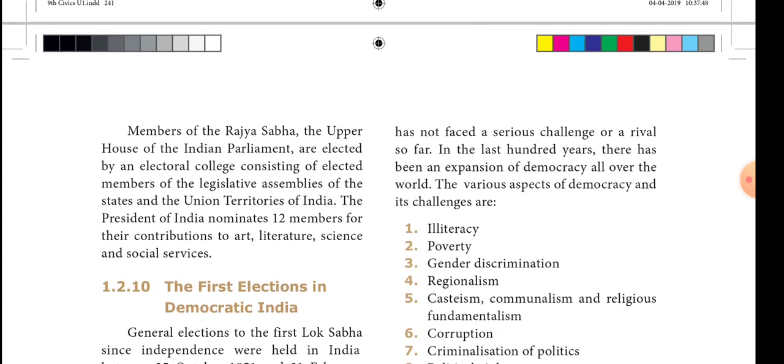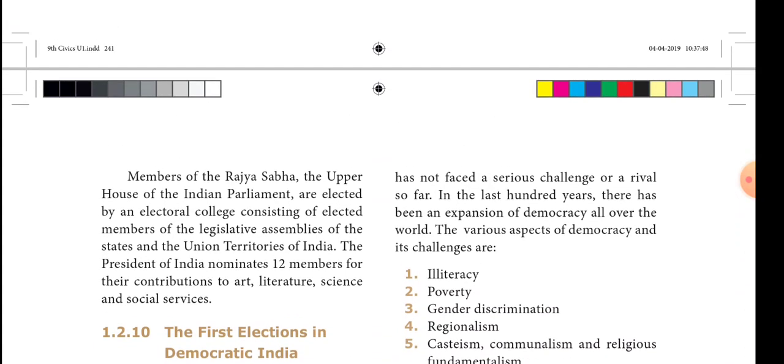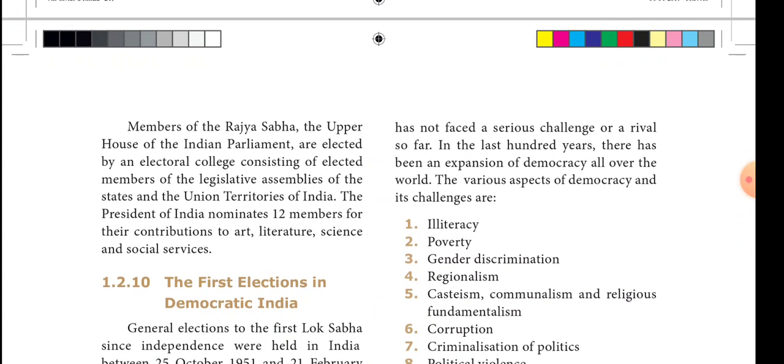And also we discussed the first election held in India, between 25th October 1951 and 21st February 1952, the first Lok Sabha election. In this, the Indian National Congress has not faced any serious changes or a revival so far.